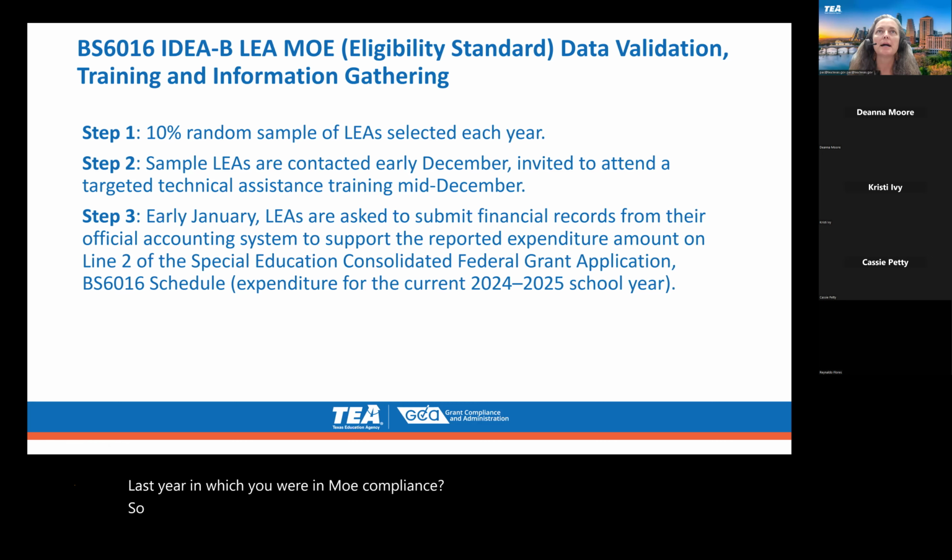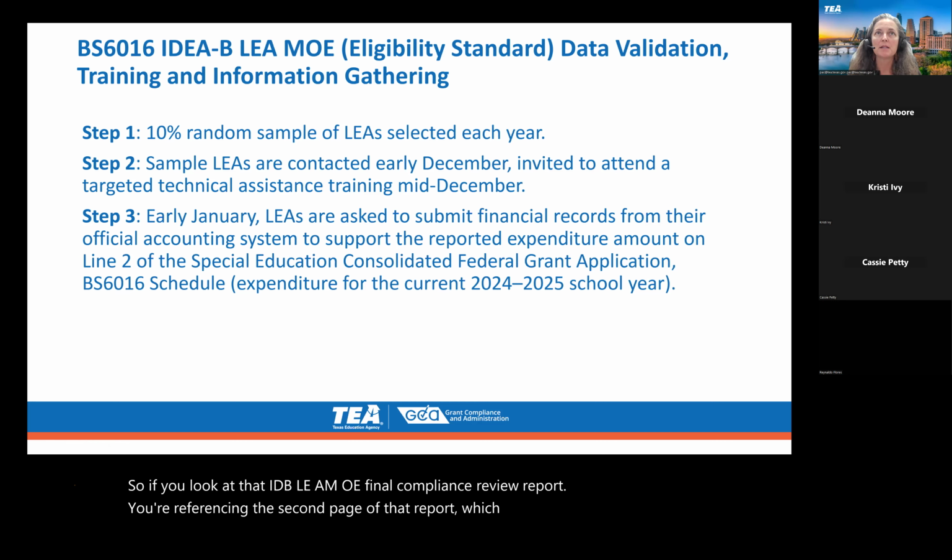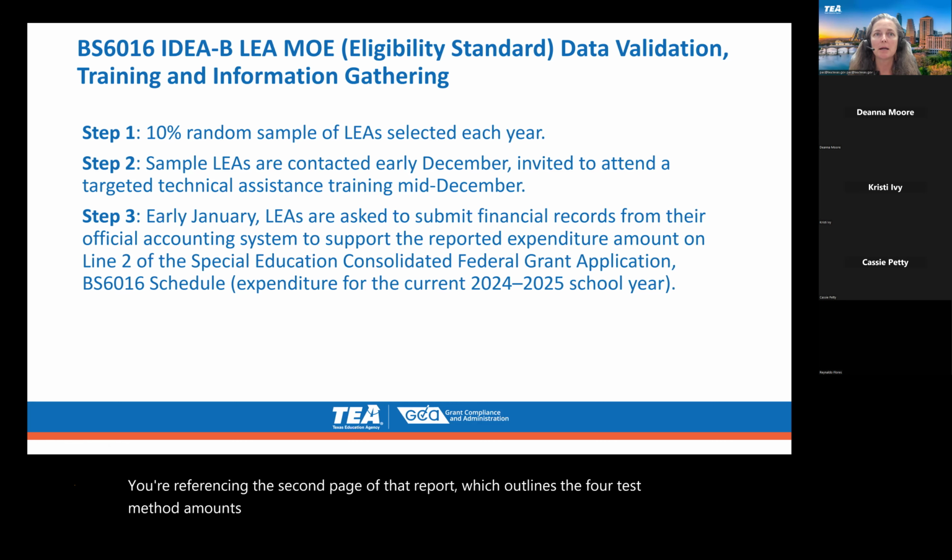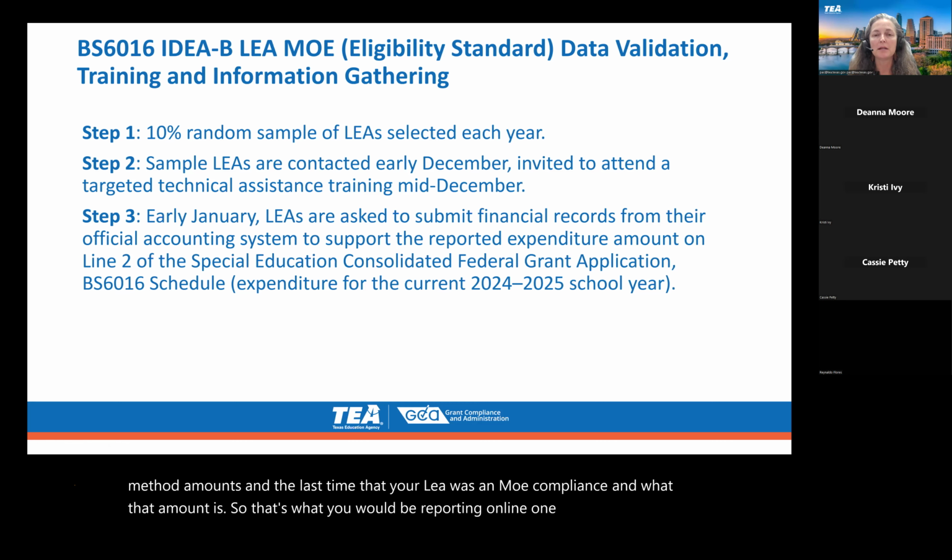If you look at that IDB LEA MOE final compliance review report, you're referencing the second page of that report, which outlines the 4 test method amounts and the last time that your LEA was in MOE compliance and what that amount is. So that's what you would be reporting on line 1A of the BS 6016.